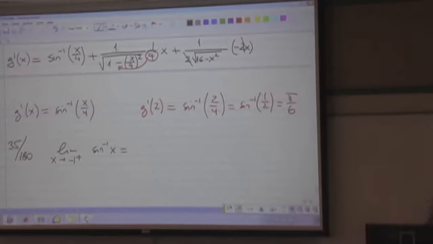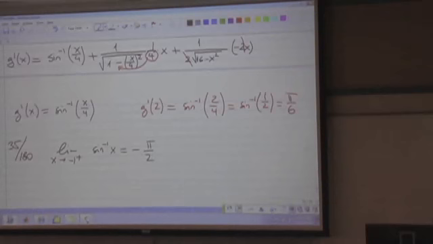So, negative pi over 2, say? Yes? So the idea is what is sine inverse of minus 1, right? So when is sine negative 1? Right?